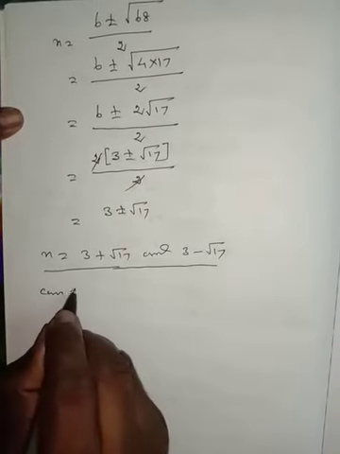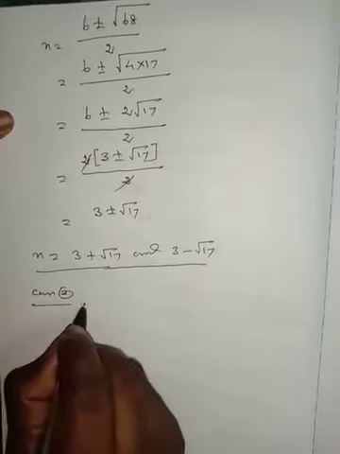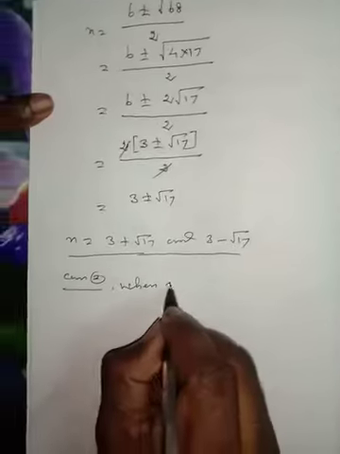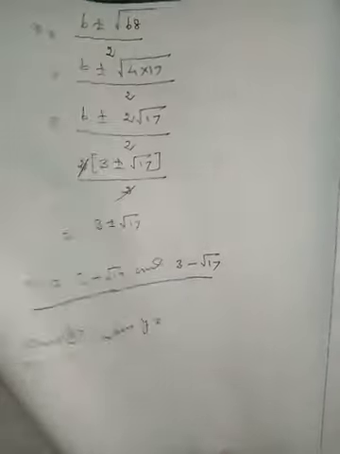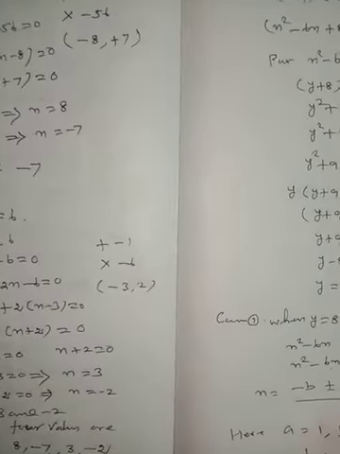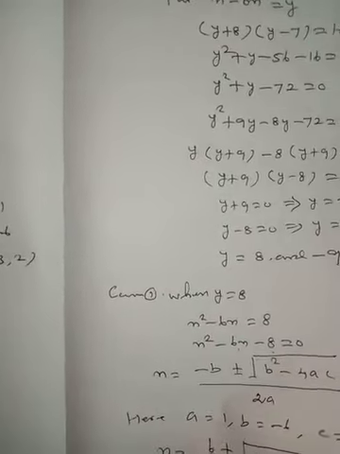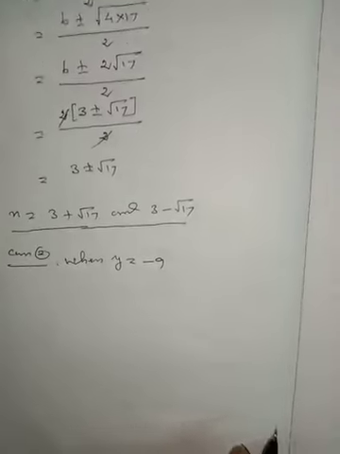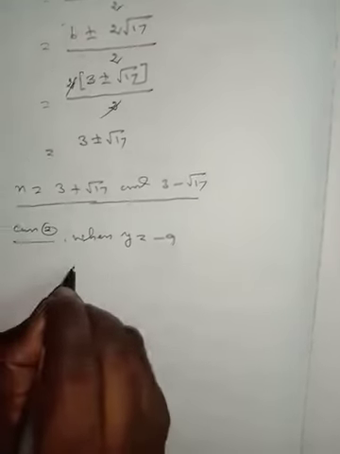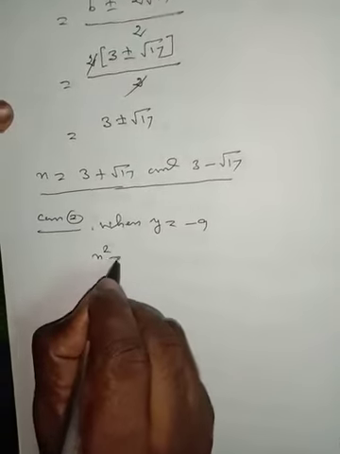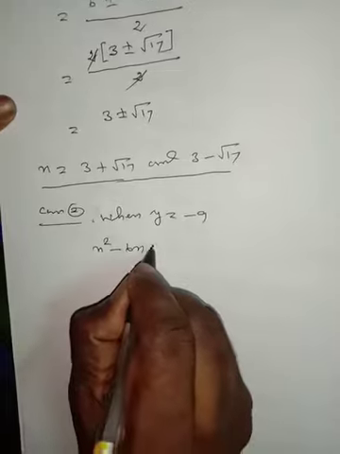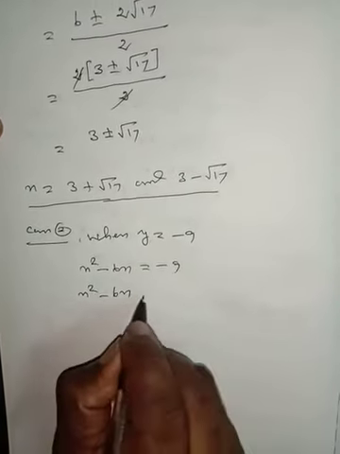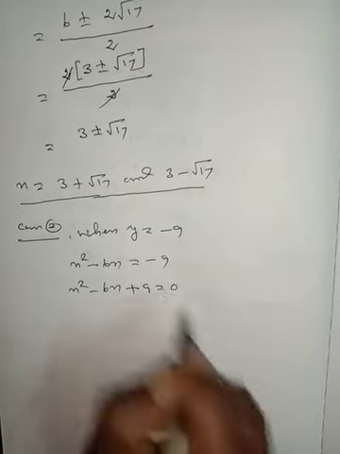Case number 2. When y is equal to minus 9, so x square minus 6x is equal to minus 9, x square minus 6x plus 9 is equal to 0.